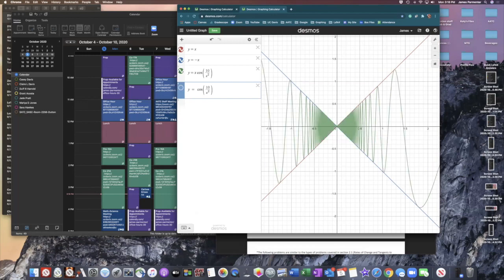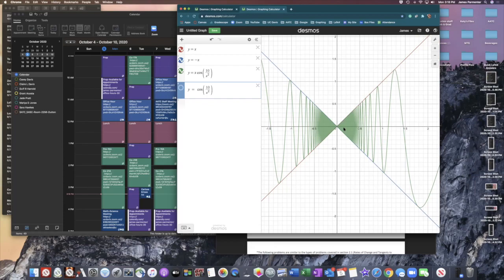And we can see that we are really stuck between those two functions. And so since the upper and the lower boundary are both getting closer and closer to 0, the y values of x times cosine of 10 over x squared are also getting squeezed to 0 as we move towards 0. So that's what's happening. That's the squeeze theorem, really. It's kind of neat. And it really works for kind of anything with a sine or a cosine. Let me show you another example.